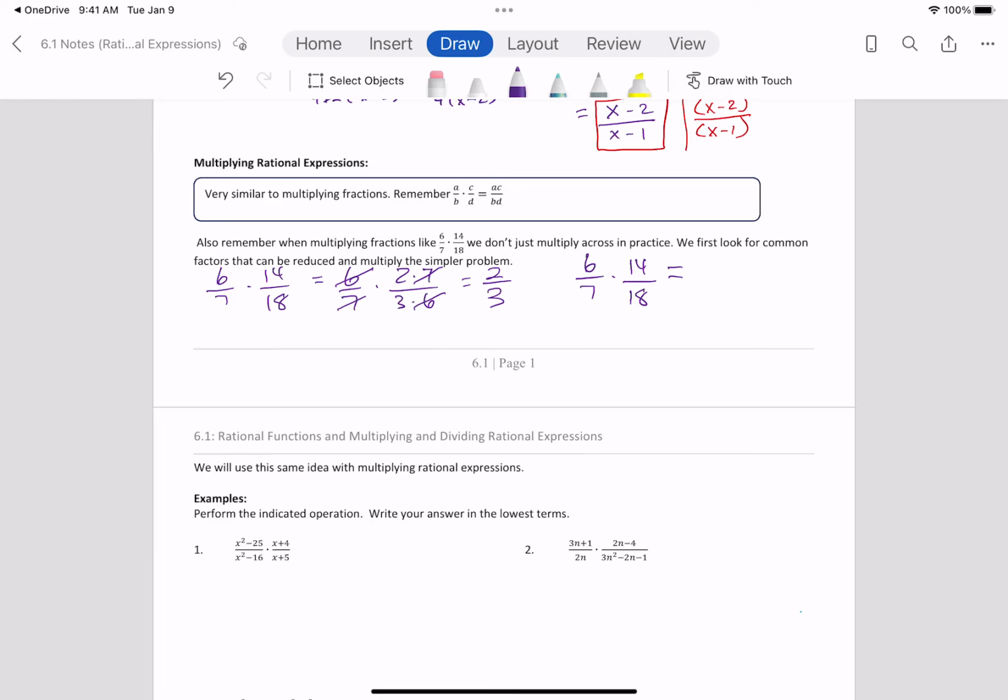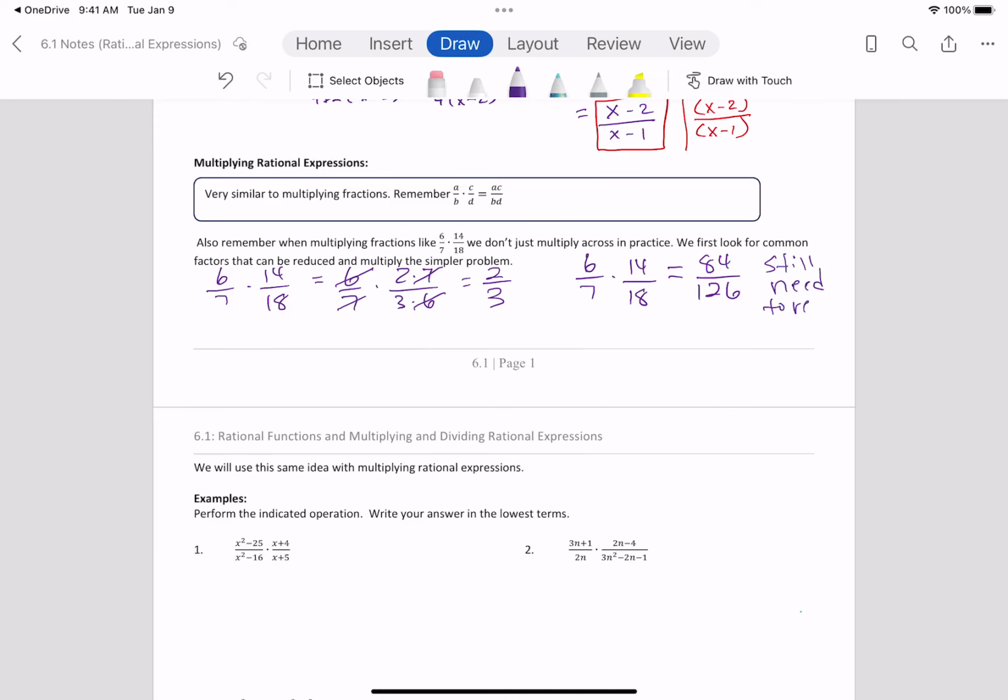Where if we followed the rule exactly and just multiplied across, I don't know about you, but I'm going to need to pick up the calculator to get that 6 times 14 is 84, and 7 times 18 is 126. And then we know that that is not in lowest terms because both of those numbers are even. So we know that they're at least divisible by 2. So from here, we would have to go through the process of figuring out common factors and get this to reduce.